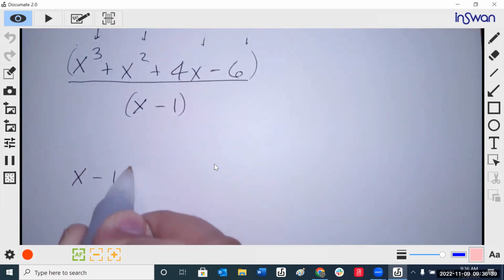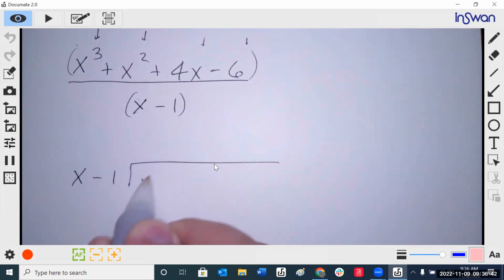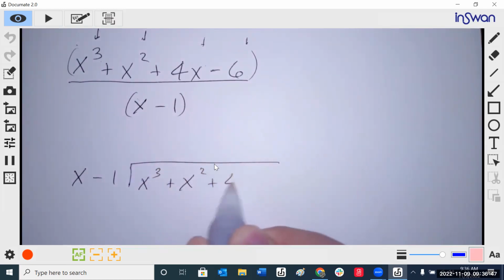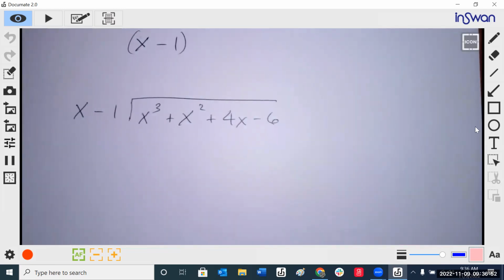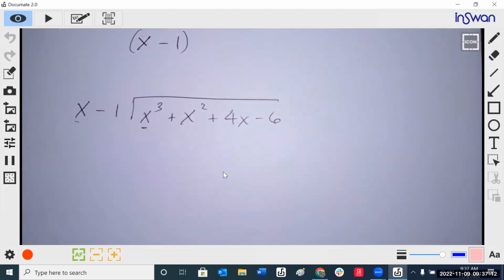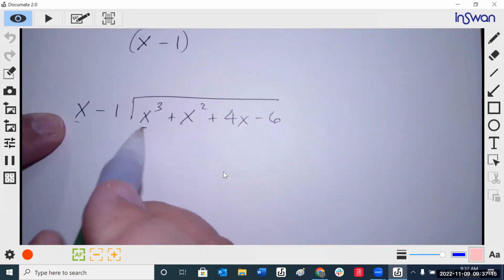So x minus 1, x cubed plus x squared plus 4x minus 6. Again, always look at the leading terms. So what's the first leading term I got to look at? X and x cubed. So what times x gives me x cubed?